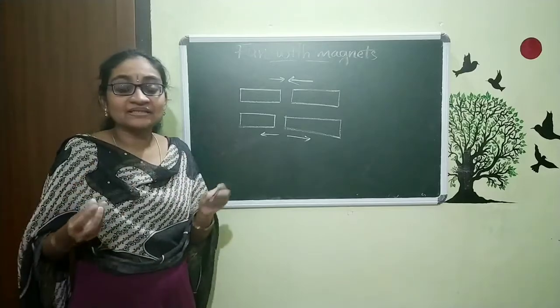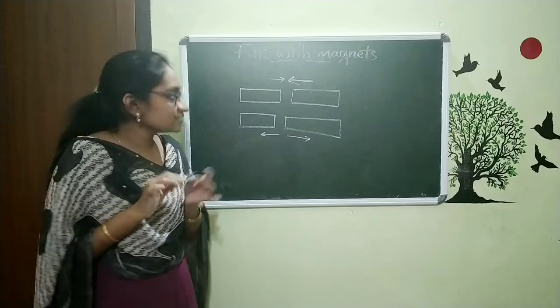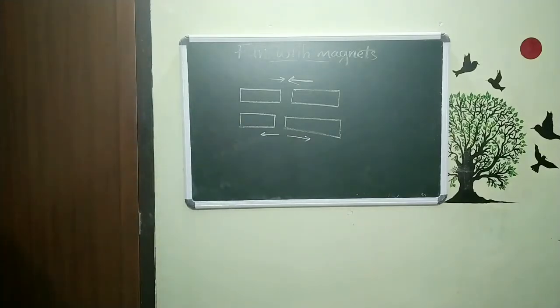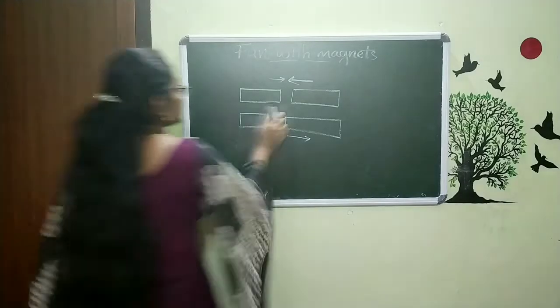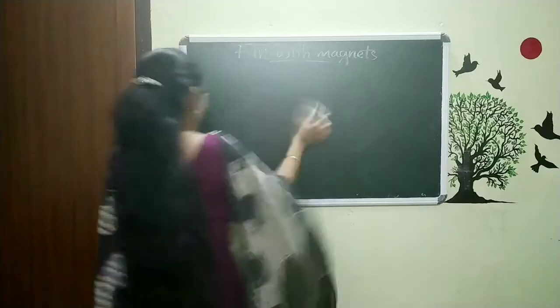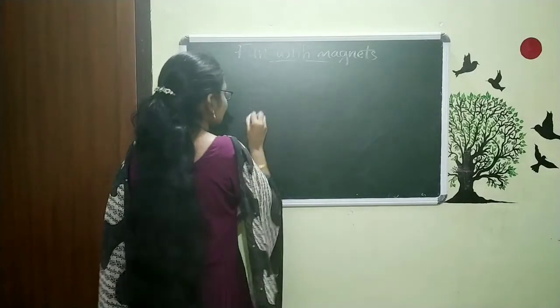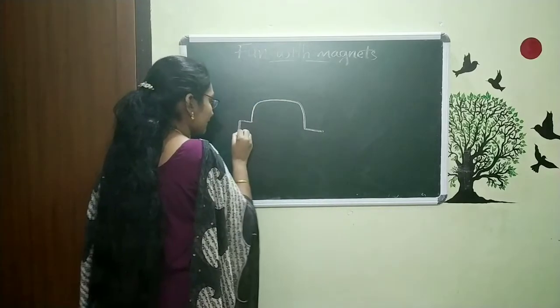There are a number of properties, and you will study that in your higher classes. Here we are just going to study one of the properties of this. That means in your textbook they explained one activity using two toy cars.